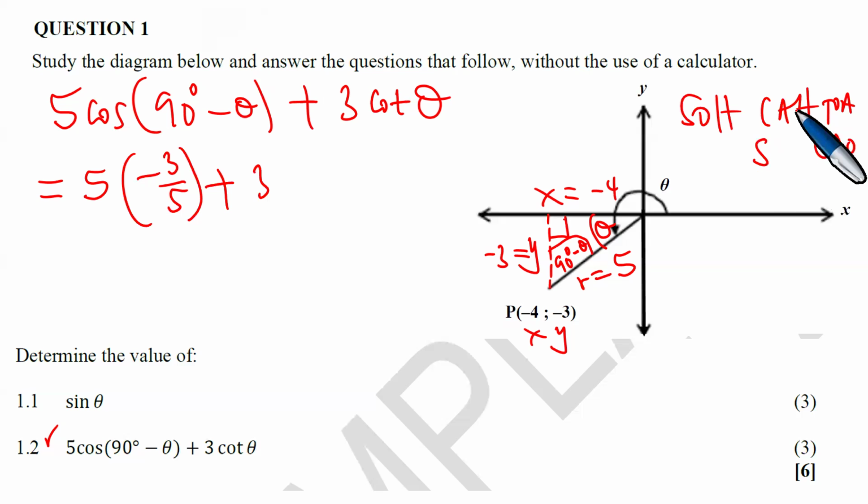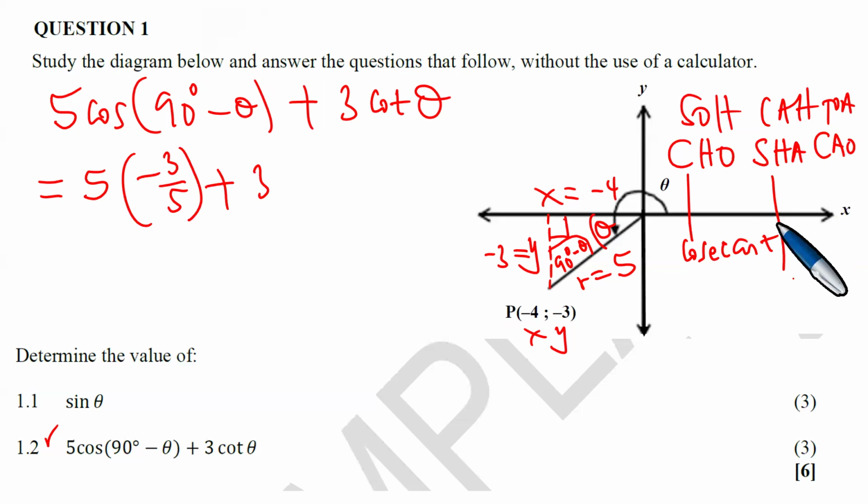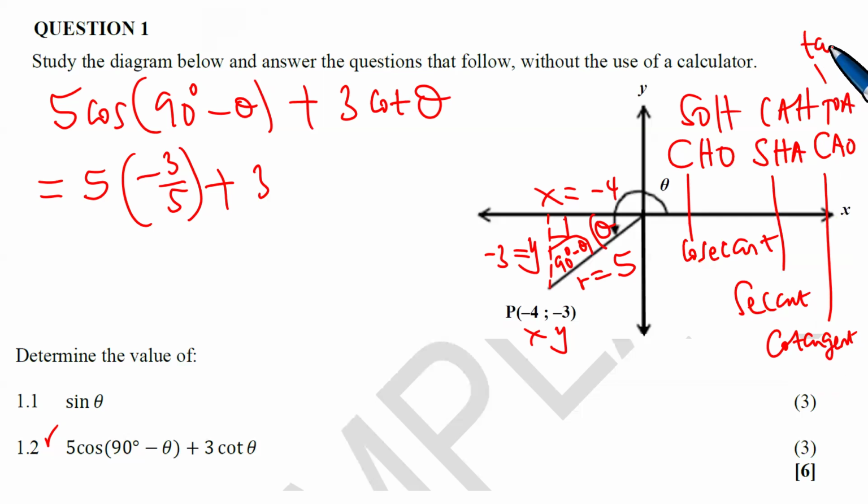Sec starts with H, ends with A. Cosecant, cosec, starts with H, ends with O. So this one is the cosecant, S stands for the secant, the C stands for the cotangent, and the T stands for the tangent.